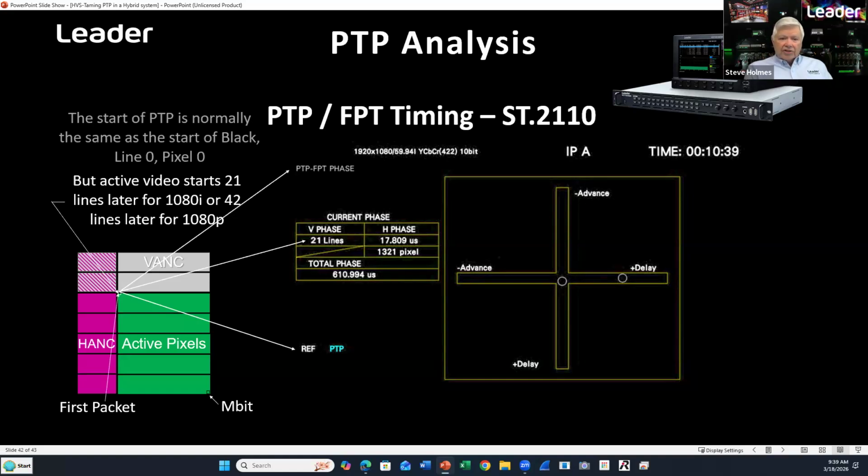So there are systems that do not check RTP time. They only check where black is and first packet time. They don't check black, RTP time, and first packet time. And I have seen systems fail when they don't have the RTP timestamp because they're using the RTP to find the first packet time.